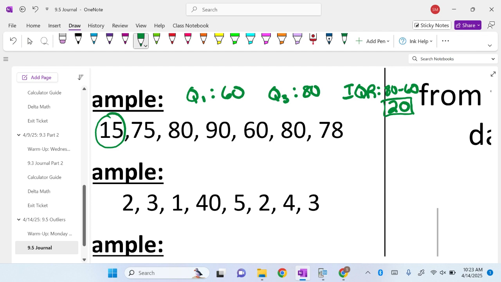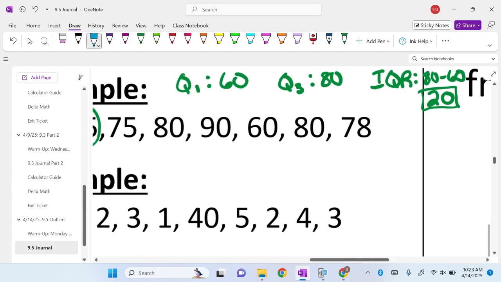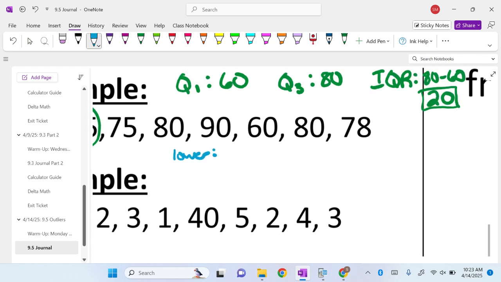So now we're going to use the two formulas that we know to figure out where our boundaries for our outliers are. So for your lower, I'm going to do my Q1 or 60 minus 1.5 times 20. So do that in your calculator and tell me what you get.